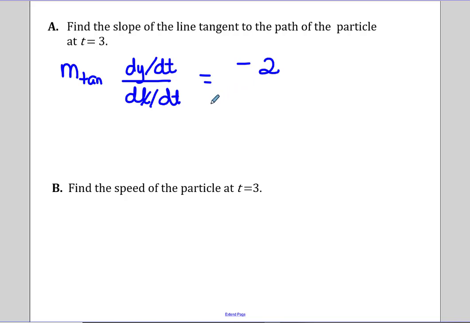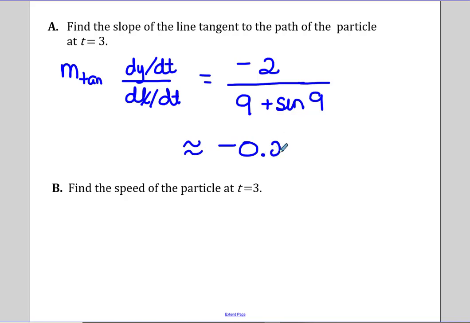And dx/dt is, what was that? t squared plus sine of t squared. So 3 squared is 9 plus sine of 3 squared, which is sine of 9. So we have this, and using our calculator, we can get a decimal approximation to be roughly that, the slope of the tangent line.